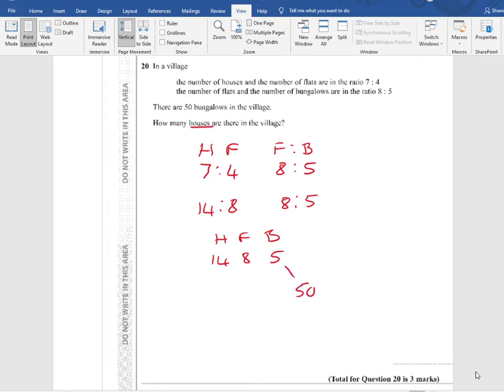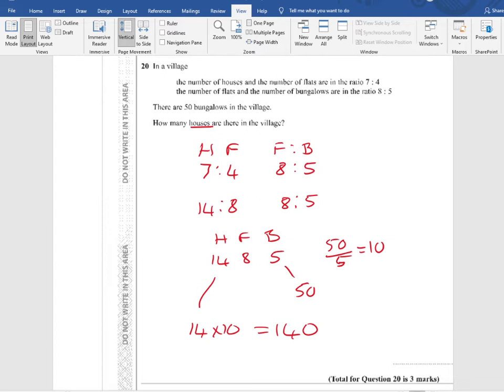So 50 divided by 5 means that there are 10 to each part. So there's 10 buildings per each part of the ratio. The houses are 14 times 10, which is 140 houses.